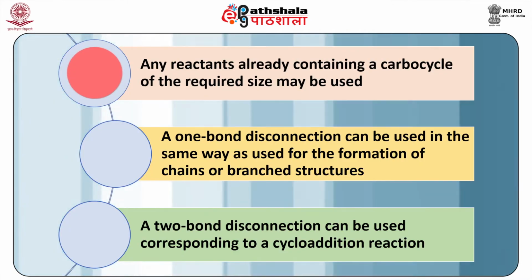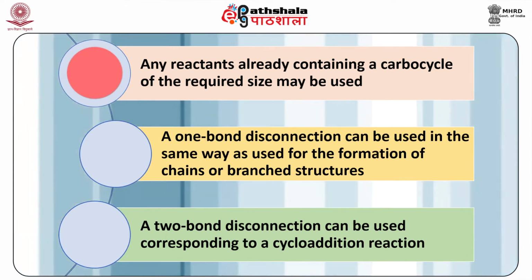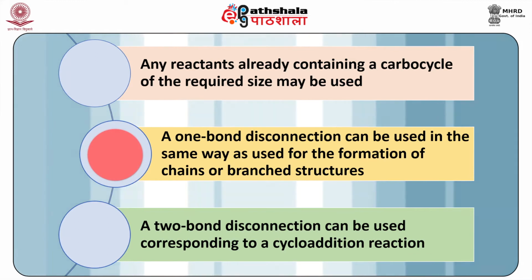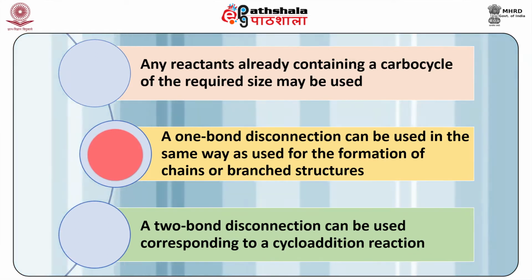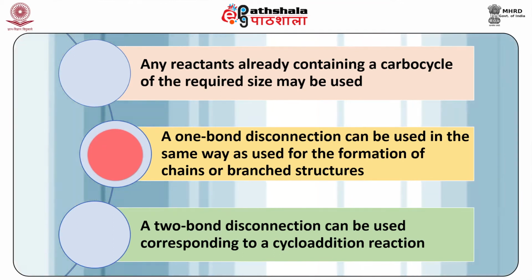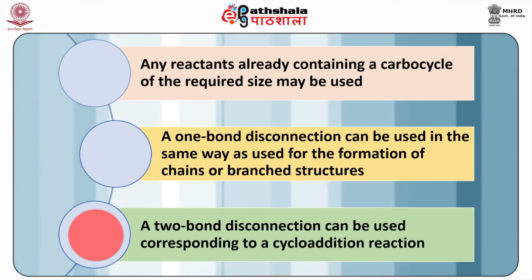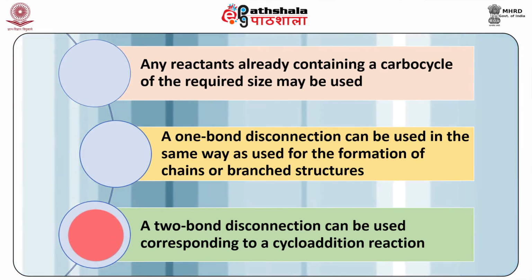Any reactants already containing a carbocycle of a required size may be used. A one bond disconnection can be used in the same way as used for the formation of chains or branched structures. A two bond disconnection can be used corresponding to a cycloaddition reaction.